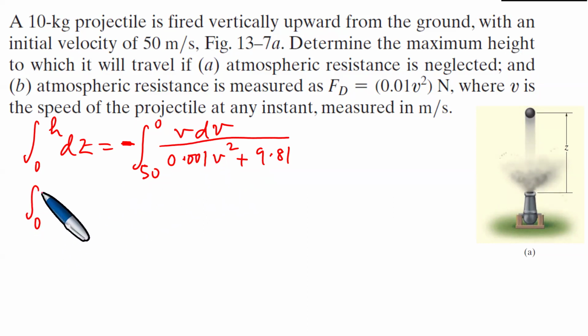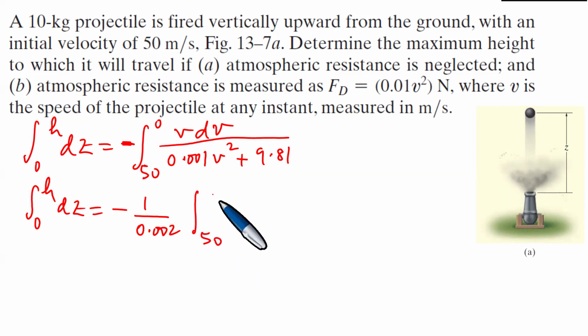So you're going to get the integral from 0 to h dz, and then you have minus 1 over 0.002, the integral from 50 to 0 of 0.002 v dv.